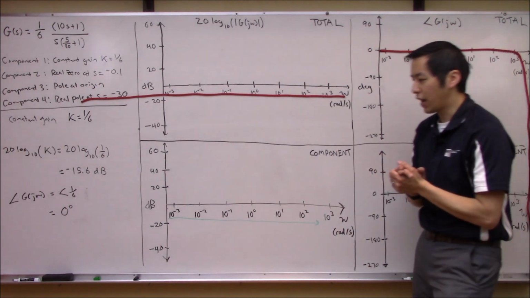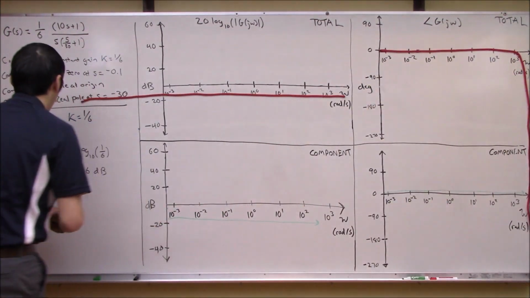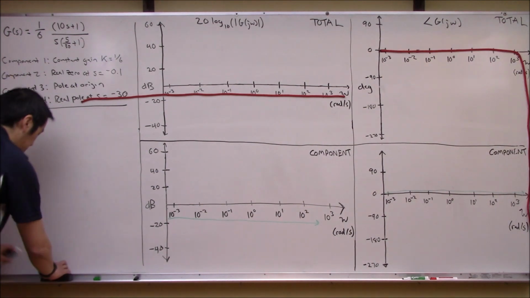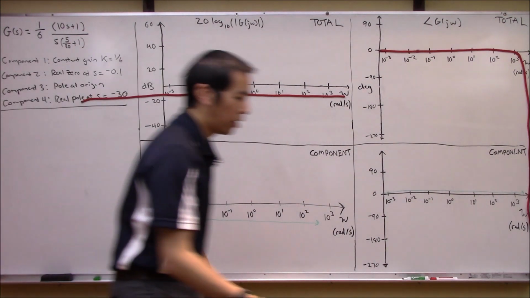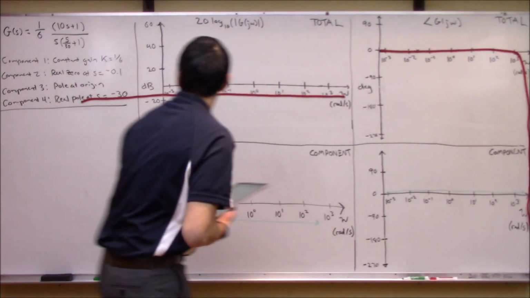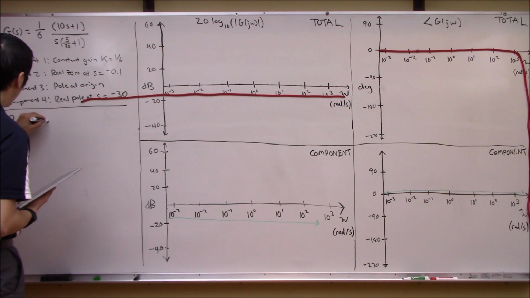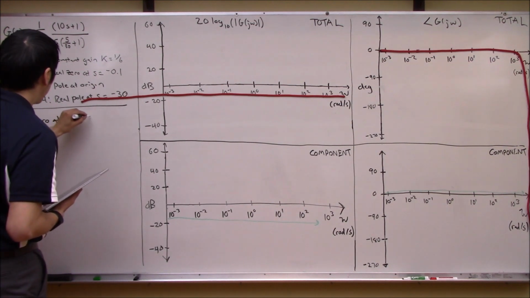Let's go ahead and do component number 2. What was component number 2? Component number 2 was our real 0, at s equal to minus 0.1.